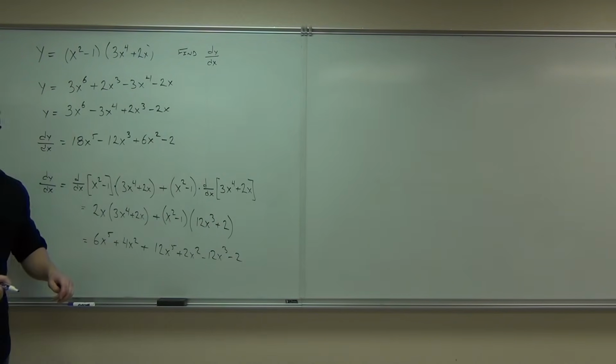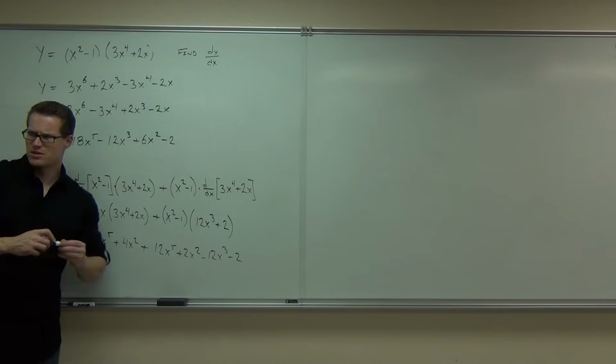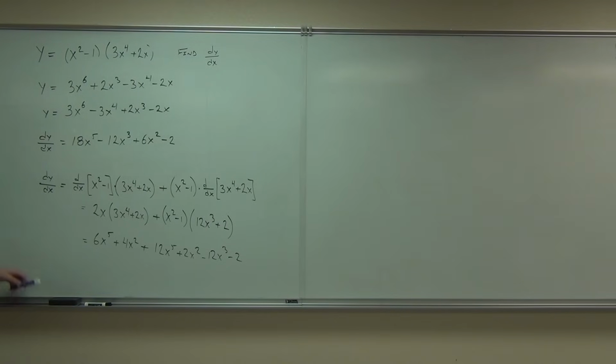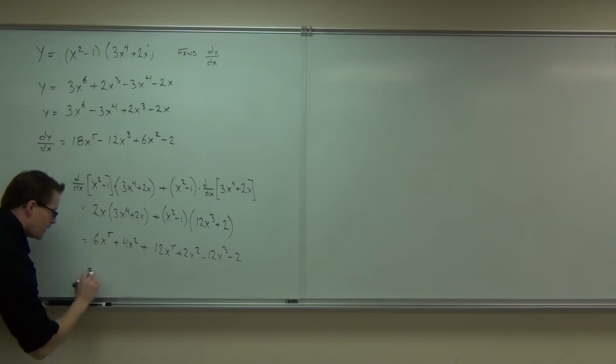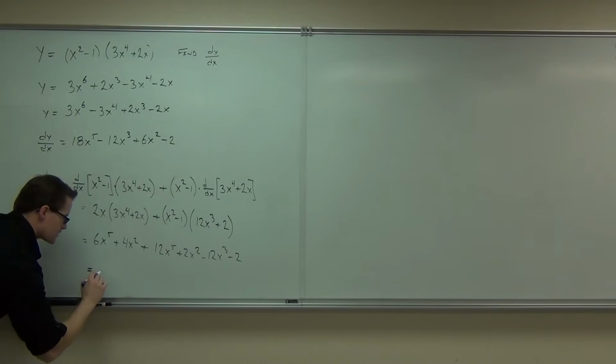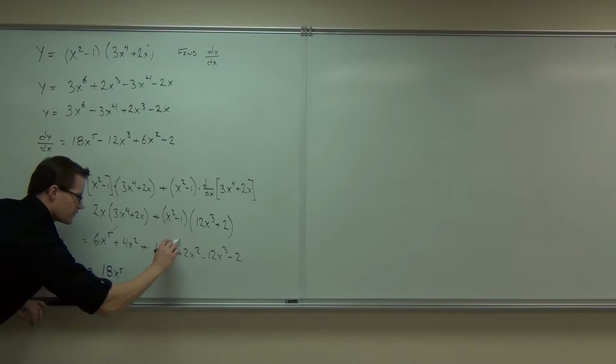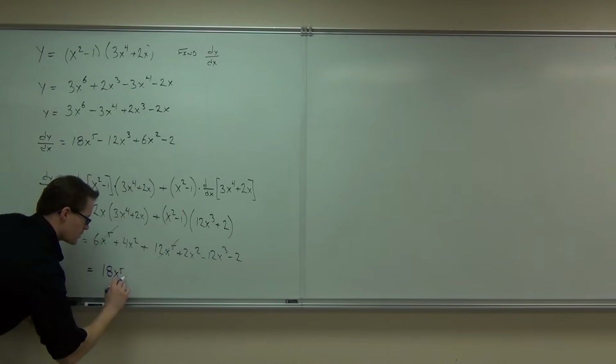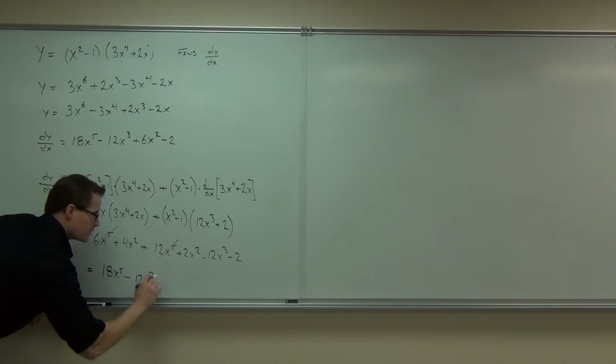Well, at least I see the minus 2. That's fine. You guys okay with the distribution? Just some basic algebra here. Now, if we combine some like terms, I see an 18x to the 5th. Cool. I see a 12x to the 3rd, minus 12x to the 3rd.